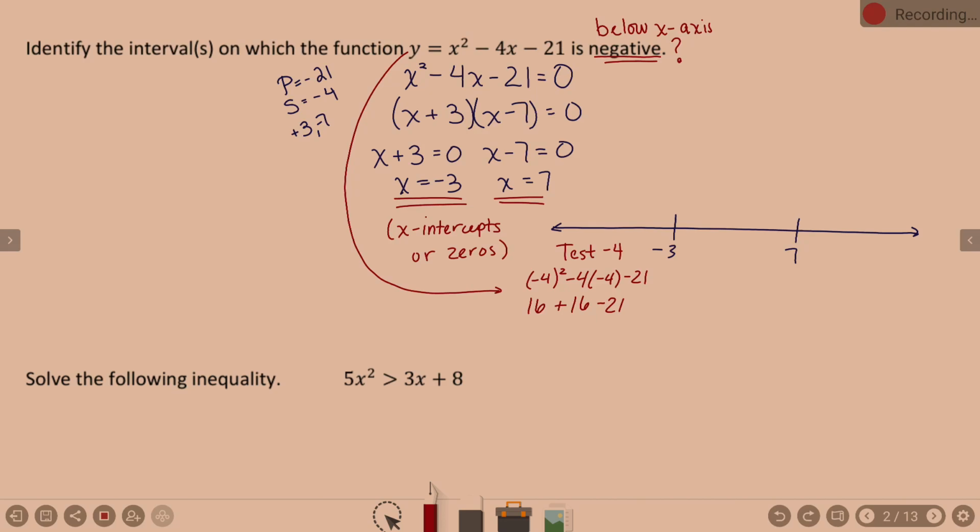I think it's 11. In all honesty, here's what I know. 32 minus 21 is a positive. Do I even really have to know the number? Not in my opinion, you don't, because I just know that 11 is positive. Okay? So what do I know about that section? It's positive. Okay?